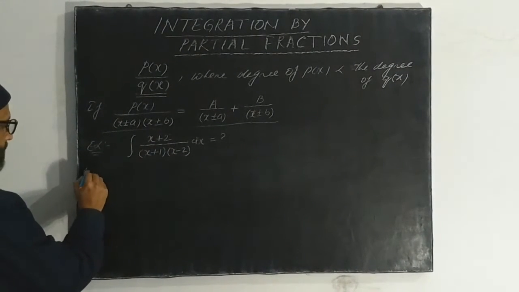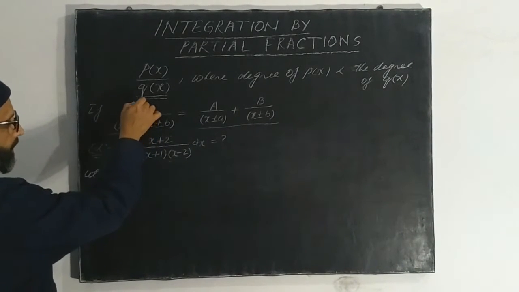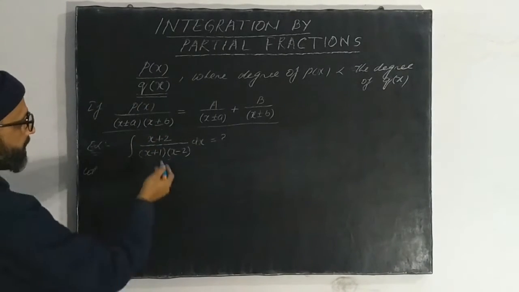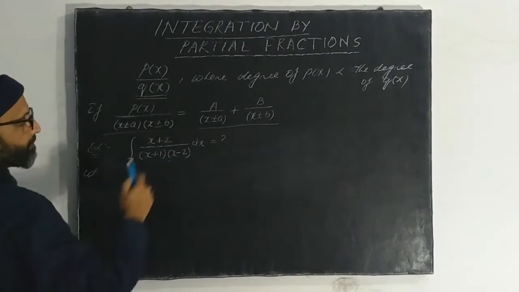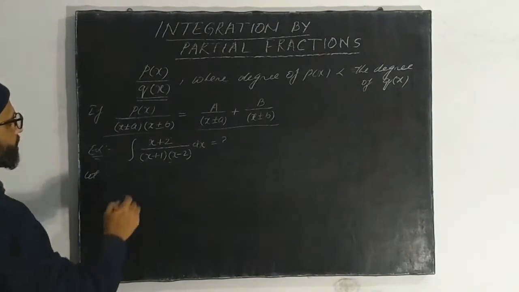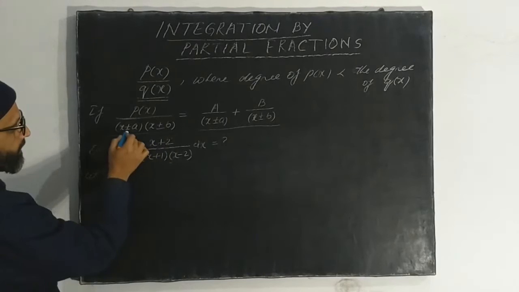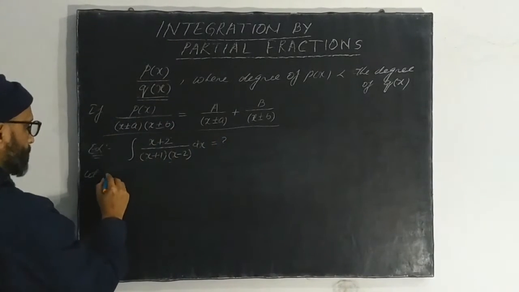So first we have to make an assumption, because this is the case where P(x) is some expression, or it may be a constant; sometimes there may be 1 upon (x plus 1)(x minus 2), and in that case too we assume in the same way. Here P(x) is x plus 2 and in the denominator there are two linear binomials, that's why we are using this assumption.